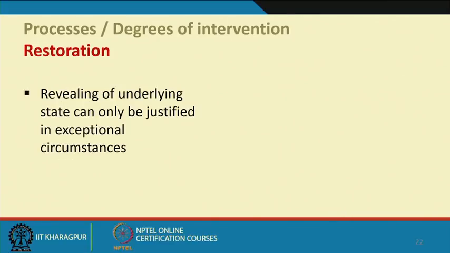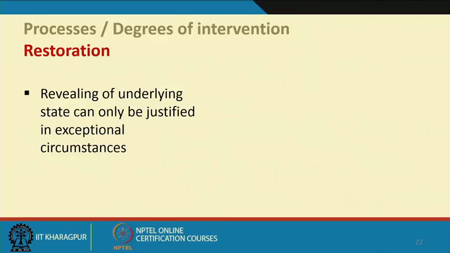Also, we said that all parts of the history must be respected, but there are times when some parts have to be taken out or certain things opened up. The principles say that revealing of an underlying state can only be justified in exceptional circumstances, that is, when something underneath or behind is very important and is a historical document, then only one can take out the part.